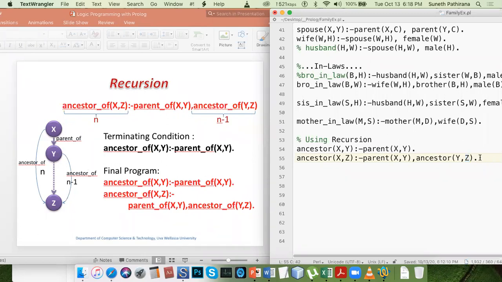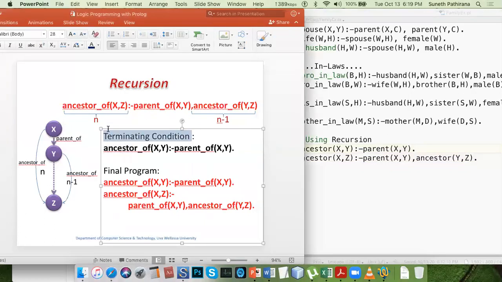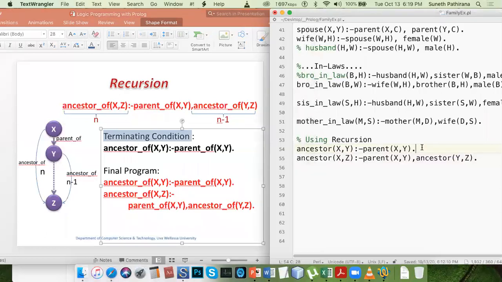Anyhow, this is how we can define or code this program, or Prolog clause. The first one is the terminating condition.